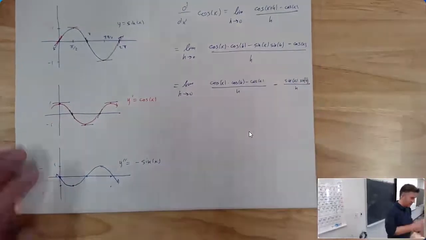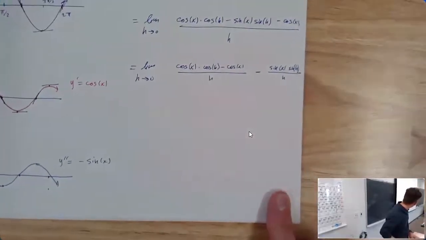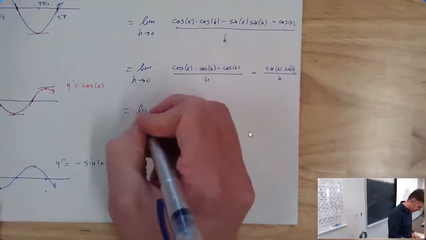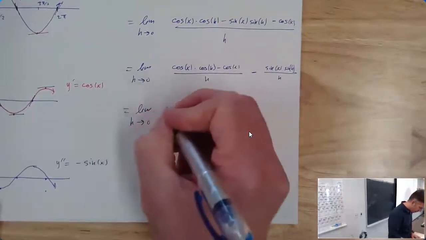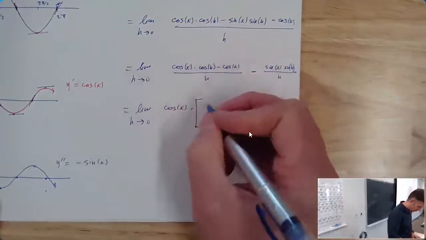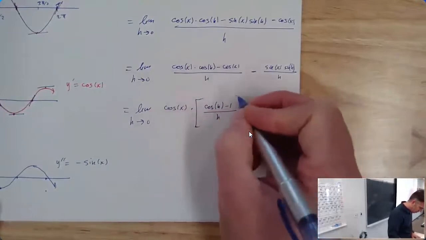And here's where we start to make things look like things that we have seen before, meaning I'm going to factor out a cosine x from here. So I'm going to write this as the limit as h goes to 0 of cosine of x times cosine h minus 1 over h.